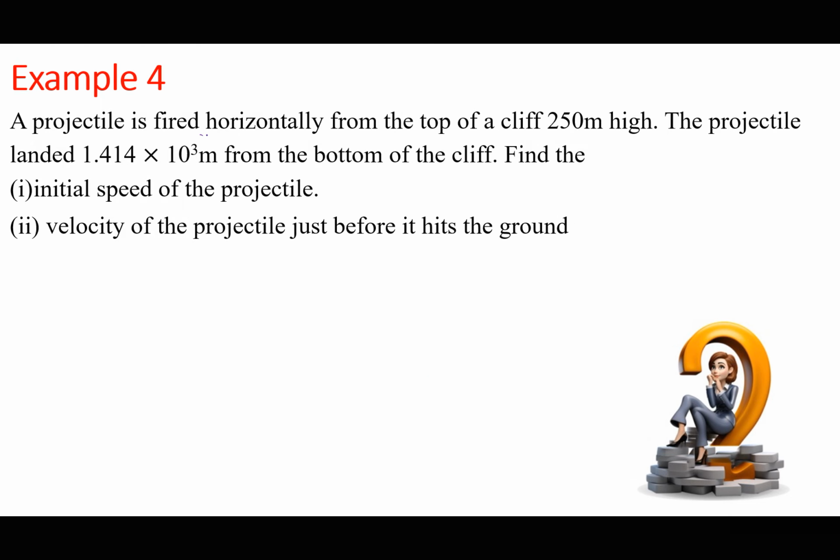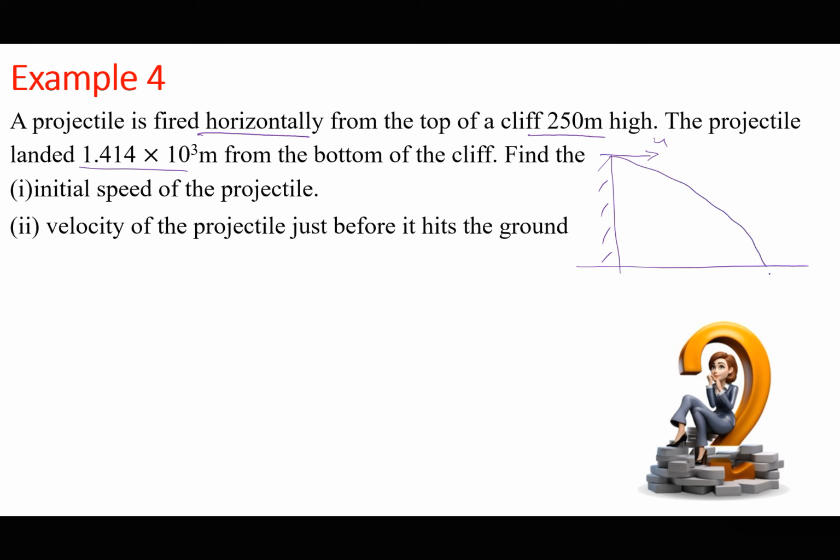A projectile is fired horizontally from the top of a cliff 250 meters high. The projectile landed 1.414 times 10 to the power of 3 meters from the bottom of the cliff. So let me sketch this. So this is the cliff. It was projected horizontally. Its speed is not known.